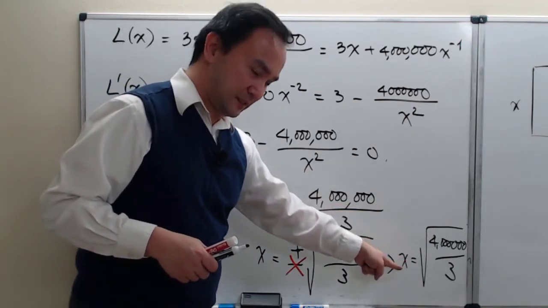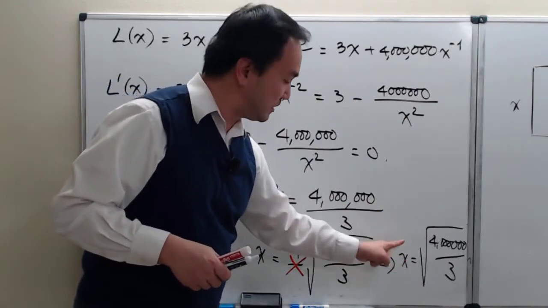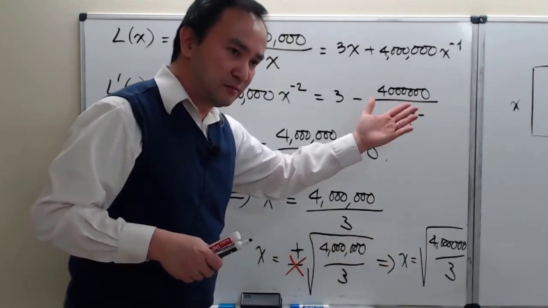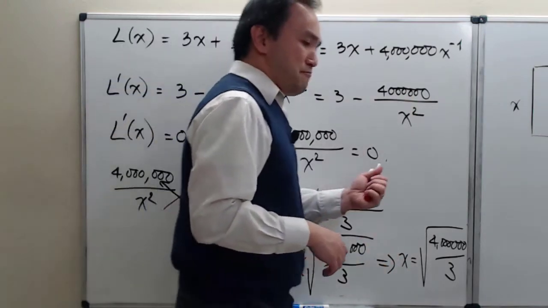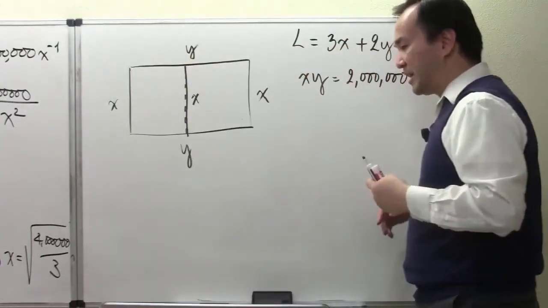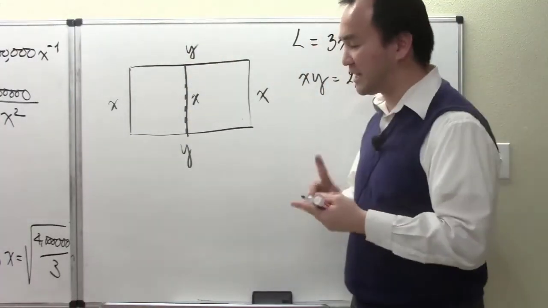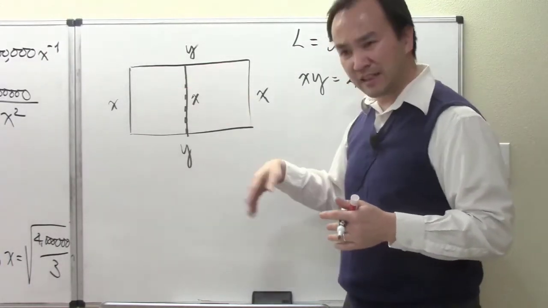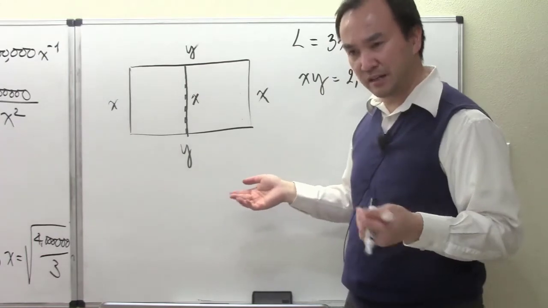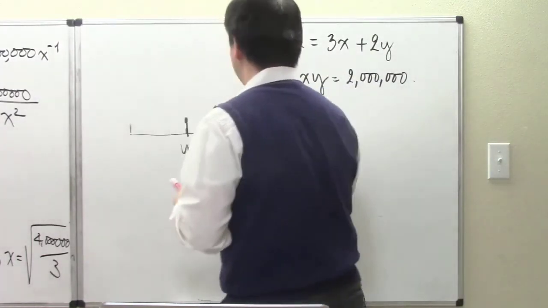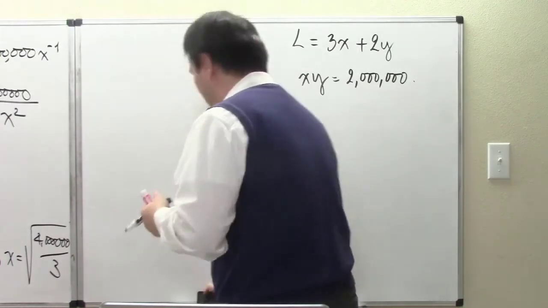You have also learned that we have two choices: the first derivative test or the second derivative test. In a problem like this, going with the second derivative test would be a little bit faster. So allow me to erase this board.